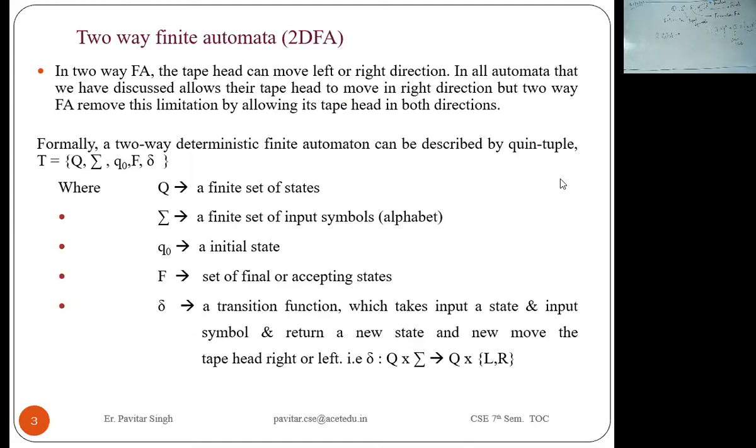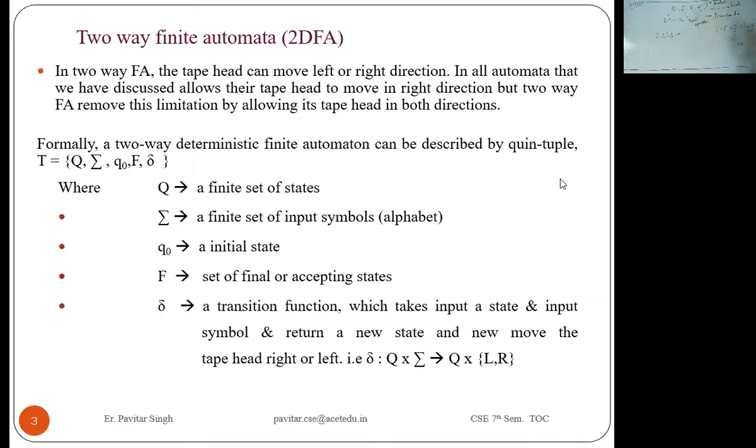So I am repeating again, two-way finite automata is an automata in which your tape head can move in both directions: either it will move to the left direction or it will move to the right direction. It has 5 tuples Q, sigma, delta, Q naught, F, where capital Q is the finite non-empty set of states represented as Q naught, Q1 and so on up to Qn. Then we have sigma, the finite non-empty set of input alphabets, or you can say symbols.